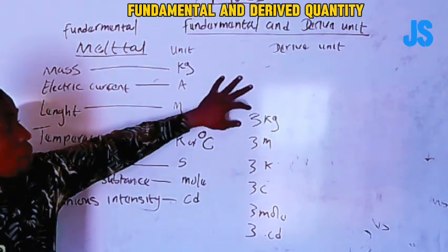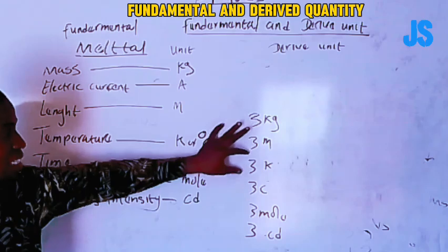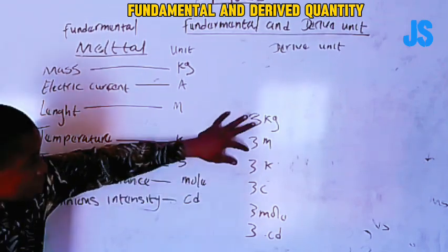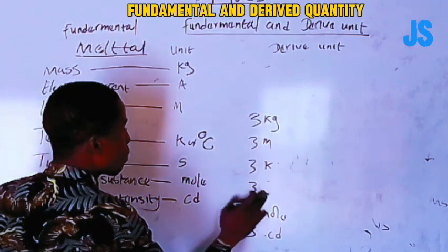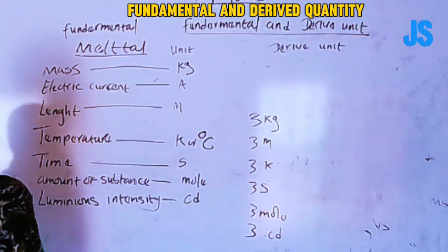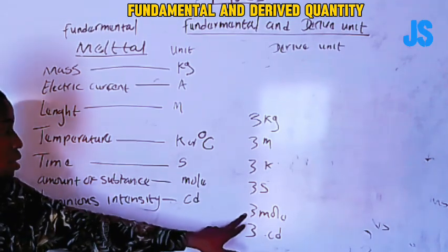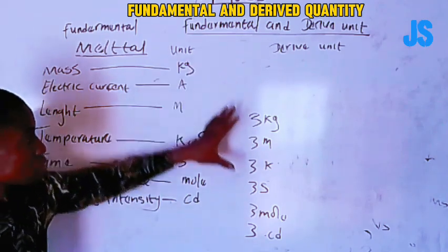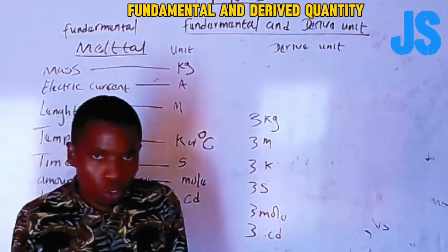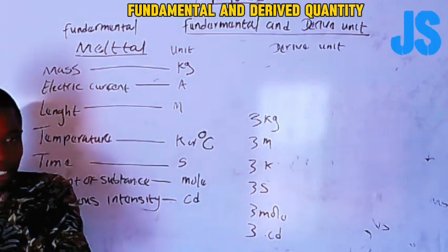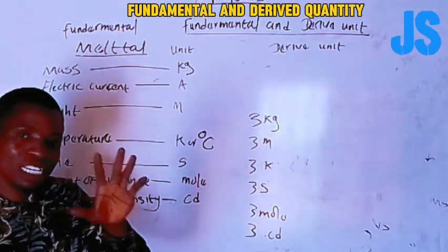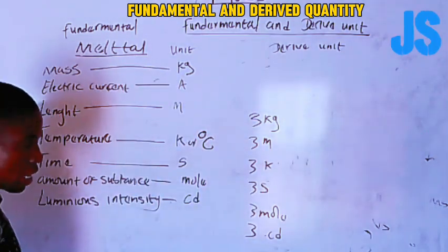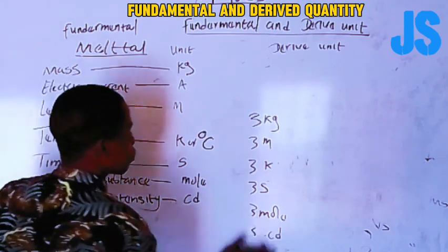This one is talking about mass, this one about length, this one about temperature, this one about time, this one about mole, and this one about candela. When you measure, you must know that it will have a unit, and each has its own specific unit, one after the other. Do you really understand? Thank you.